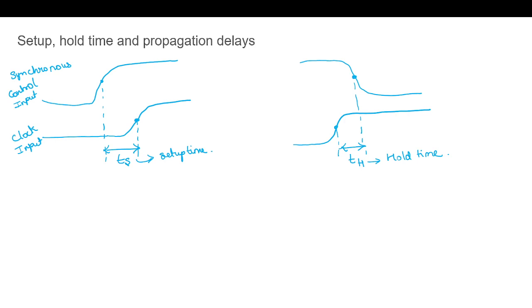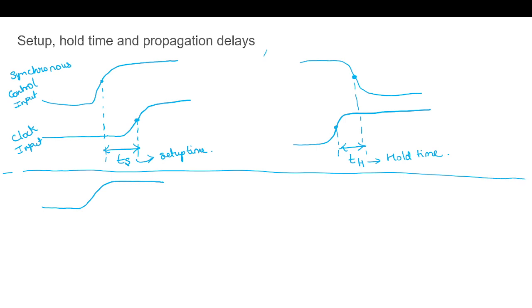And next we have propagation delays. If I have a clock and the output Q, this 50% point will take some delay and then be reflected at the output.